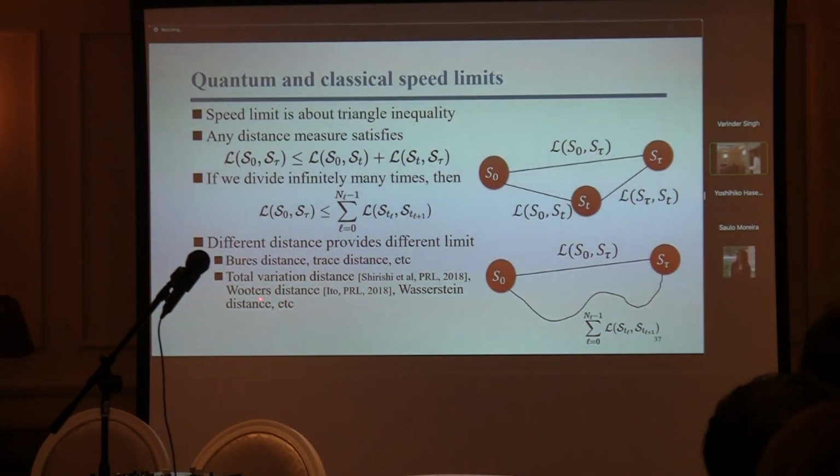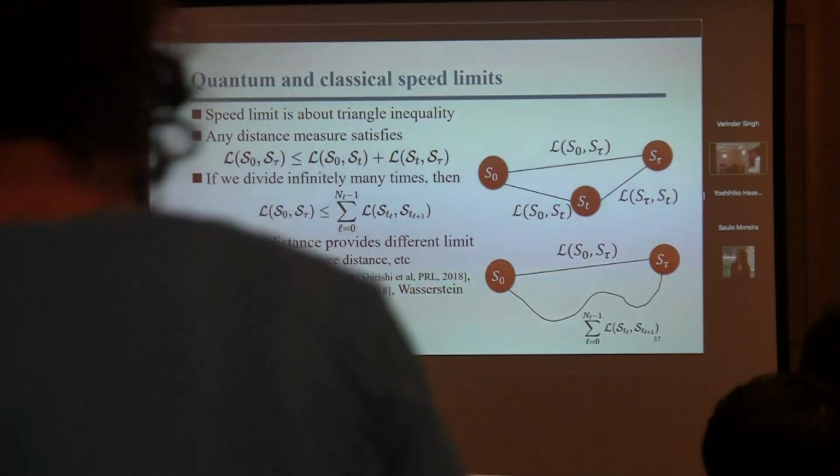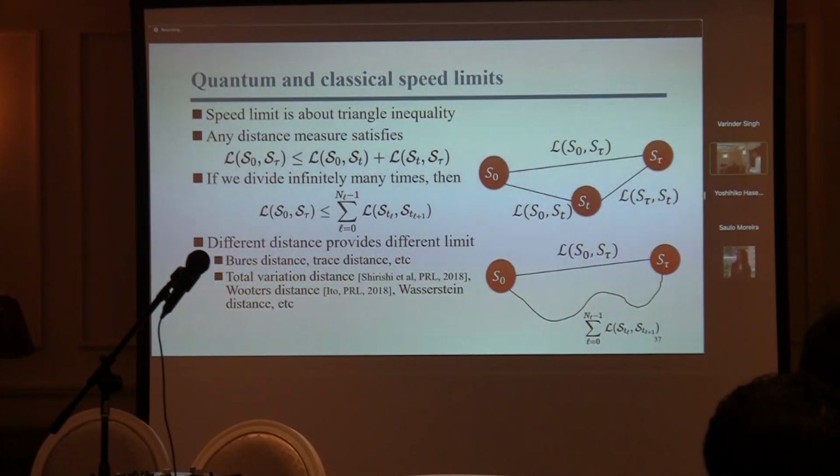And if we use Hellinger distance, then it is the bound found in this one. And when you consider the Wasserstein distance, which is recently actively studied in stochastic thermodynamics, then this relationship directly yields the Wasserstein bound for entropy production.